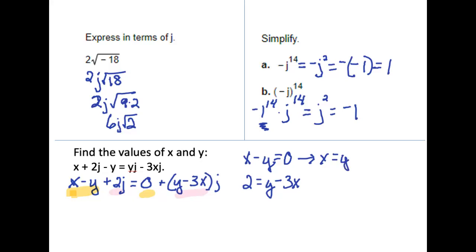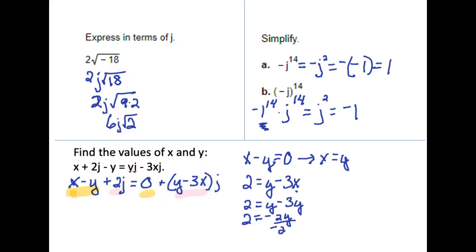Then I can go back in the other equation and make a substitution. I can replace this x here with y, and now I've got 2 is equal to y minus 3y. And y minus 3y is negative 2y, which equals the 2 on the left-hand side. Then I can divide both sides of the equation by negative 2.